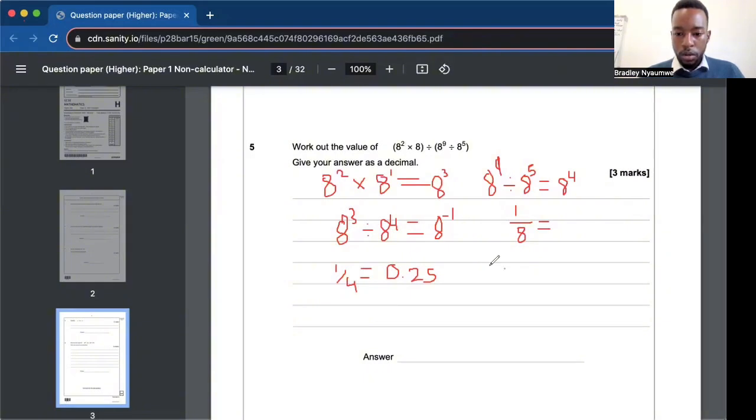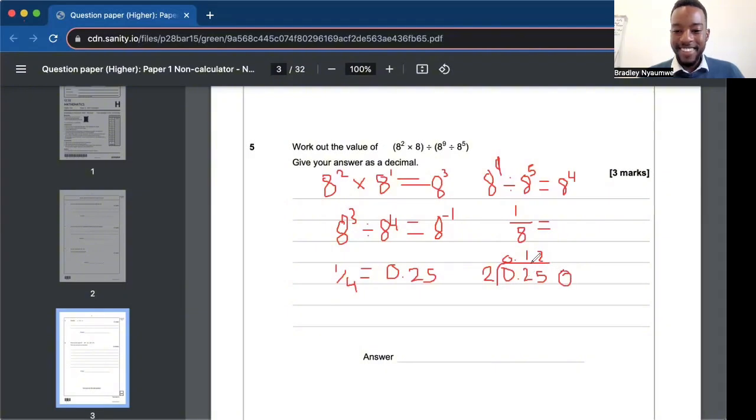So 0.25, divide that by 2. Goes into 0, goes into 2 once, goes into 5 2 times. Got a 0 left over.